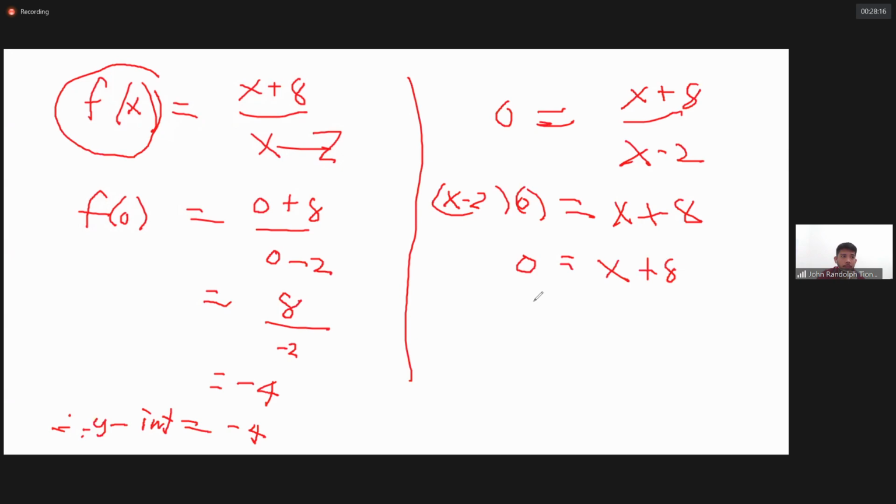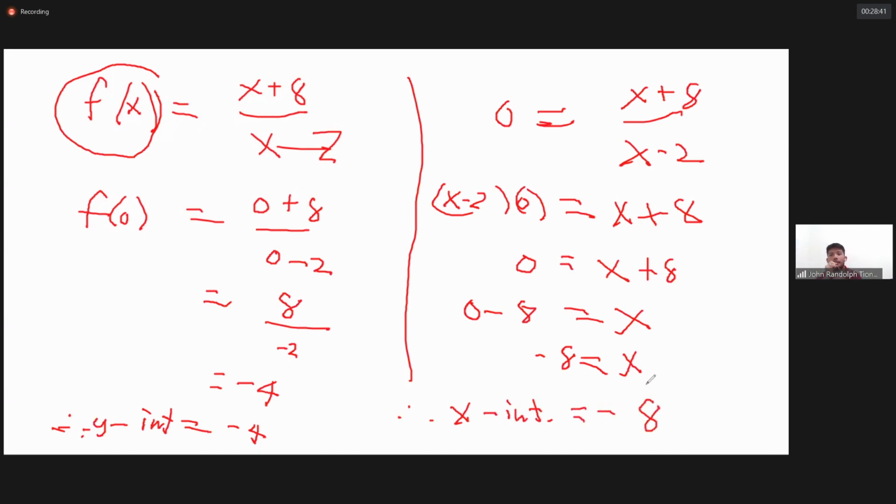Then, ilipat sa kabila. Step by step lang natin for the sake of others. 0 minus 8 is just simply negative 8 equals x. So therefore, the x-intercept equals negative 8.